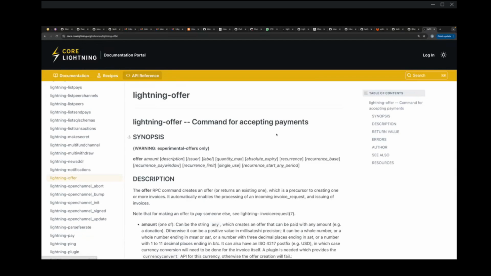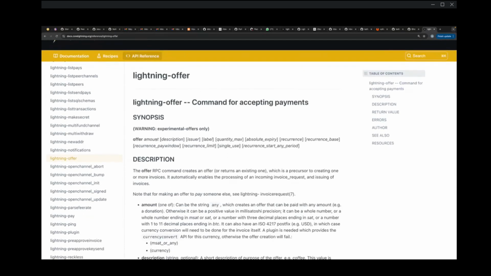Offer. So as you can see, you can make an invoice as per your convenience. You can create a recurrence of payment, like a Netflix subscription kind of an invoice, which sends an LNI in a particular period of time. So there are multiple features as well.